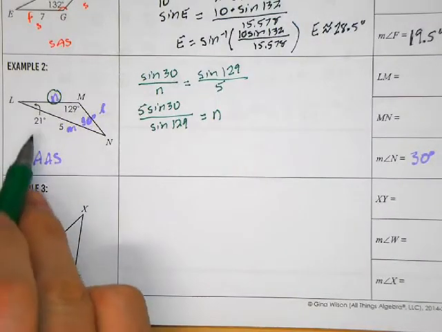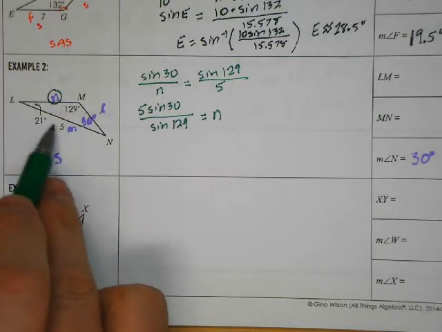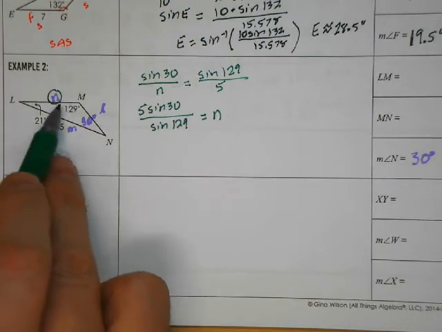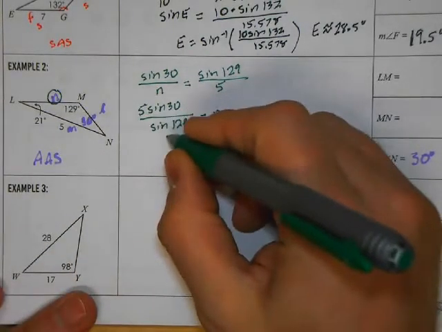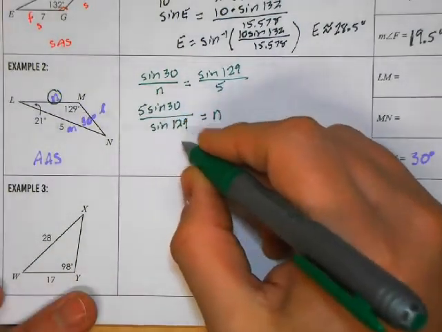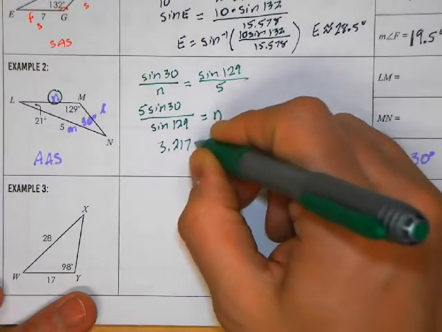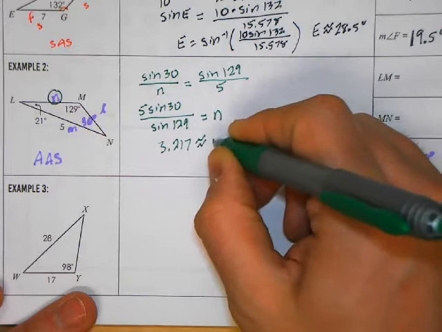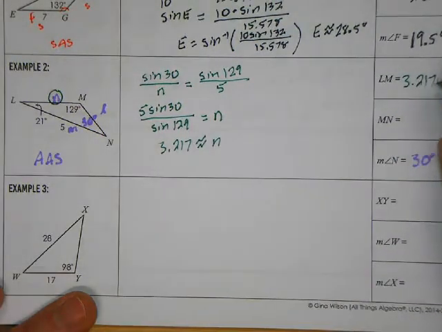We don't know what the units are going to be, but it makes sense. The 129 is clearly the biggest angle, so this is going to be the biggest side, so both this side and this side should be less than 5. So we're going to say about 3.217 is approximately equal to that side. So we'll put the 3.217 here.